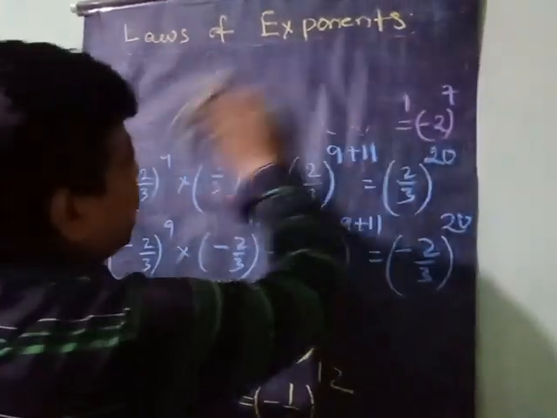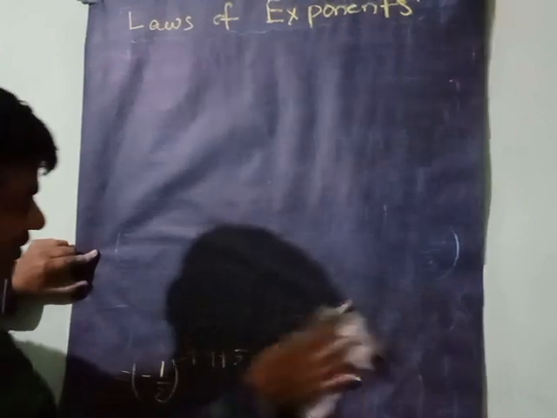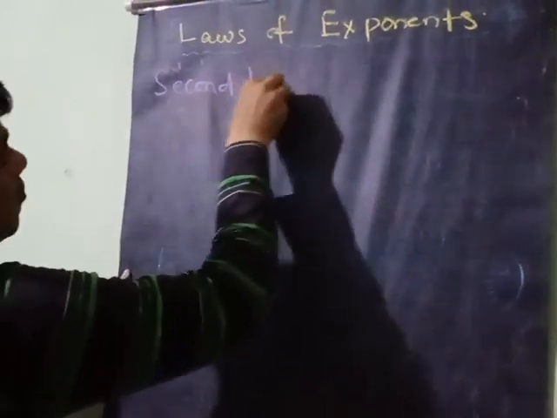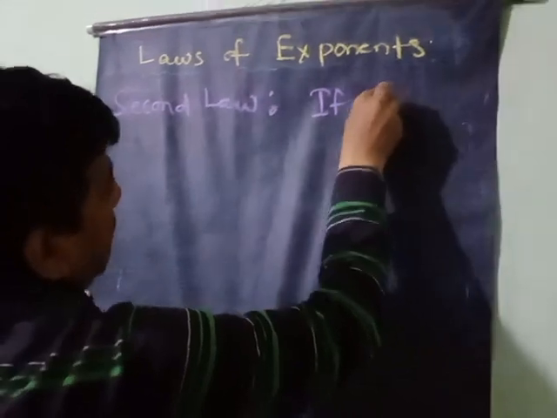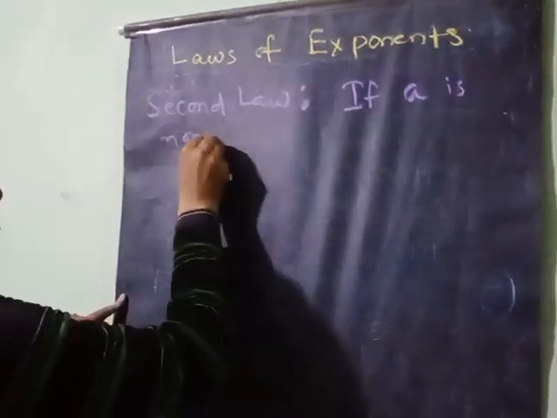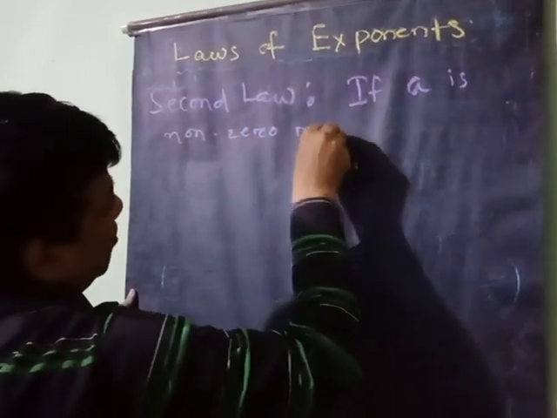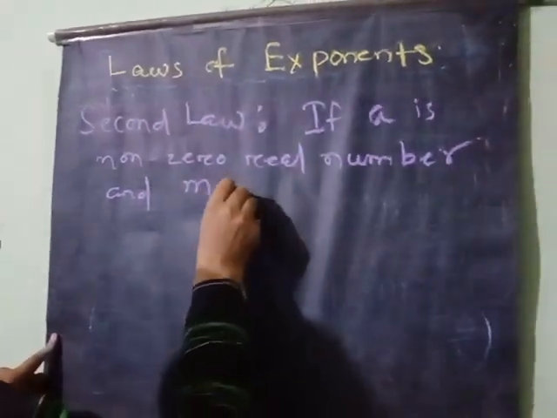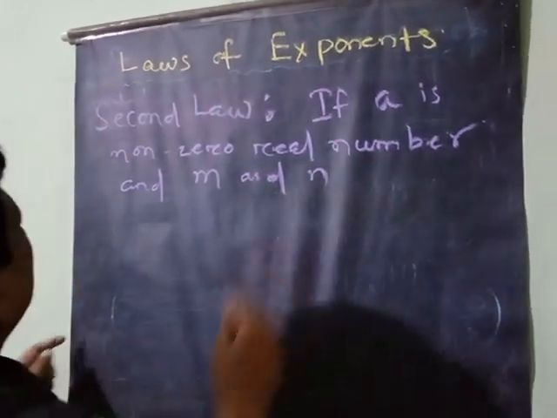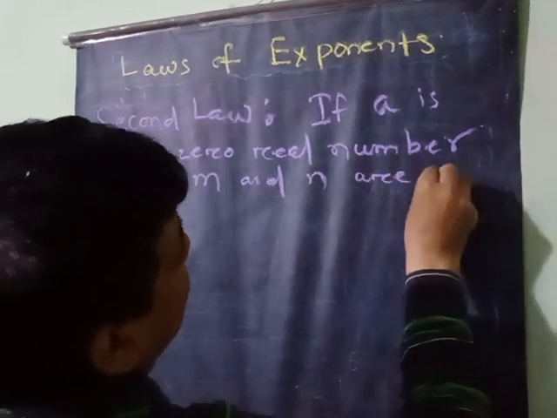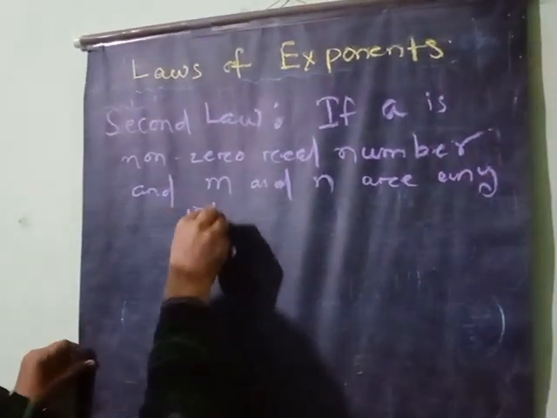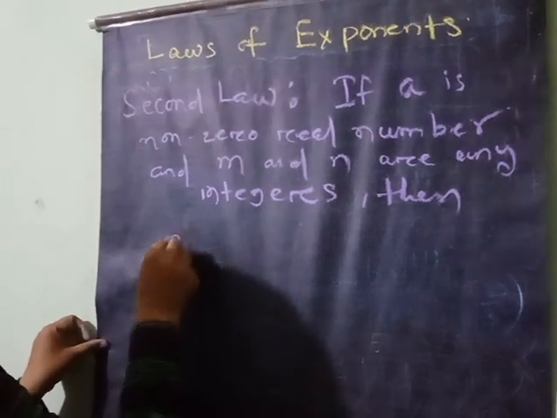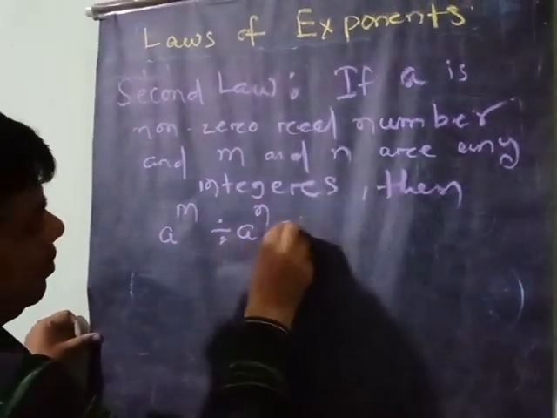Okay, let us come to the second law of exponent. The second law says: if a is any non-zero real number and m and n are any integers, then a to the power m divided by a to the power n is equal to a to the power m minus n.